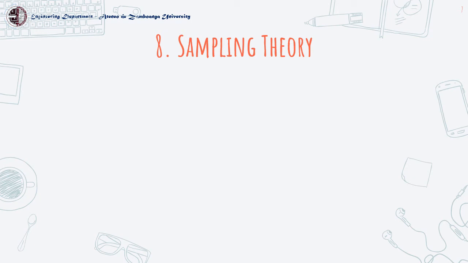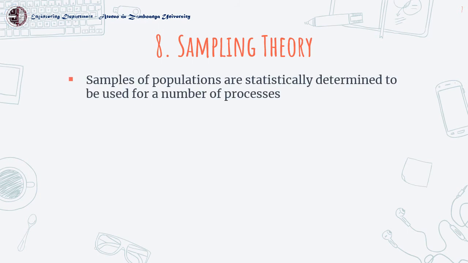Another one is sampling theory. Sampling theory is a quantitative technique where samples of populations are statistically determined to be used for a number of processes, such as quality control and marketing research. So, when data gathering is expensive, sampling provides an alternative. Sampling, in effect, saves time and money.